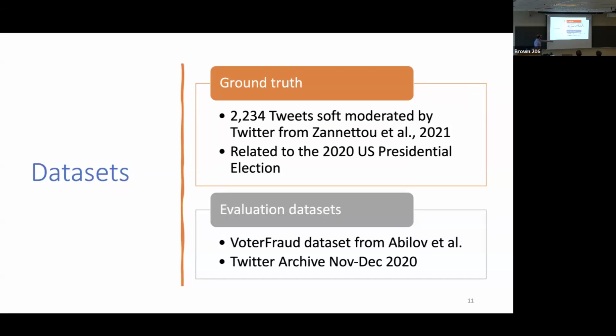One was from that period, a data set developed based on keywords that might have been related to voter fraud or not. They were in general related to the election. And then we also have the entire Twitter archive, or at least the sample that was freely accessible back then, to identify false positives, false negatives, and whatnot.